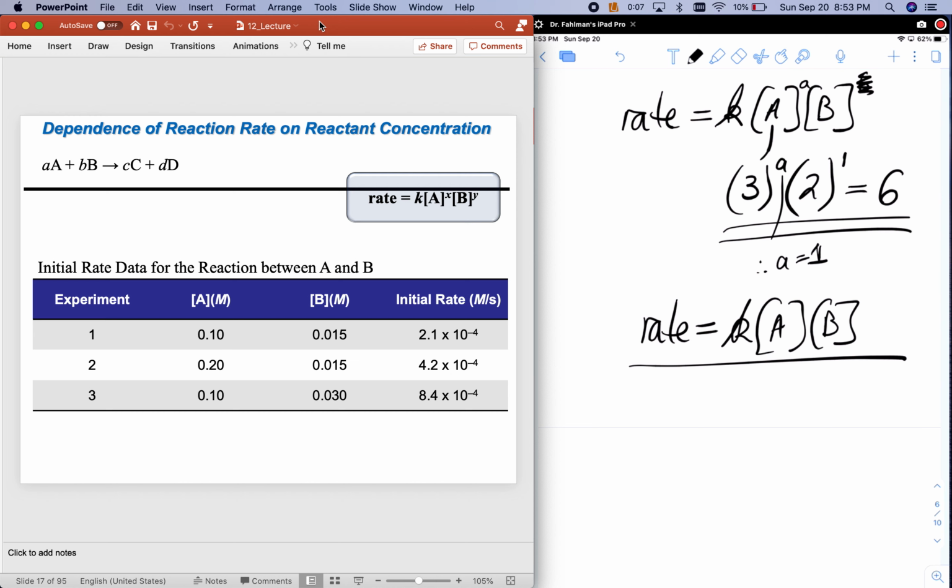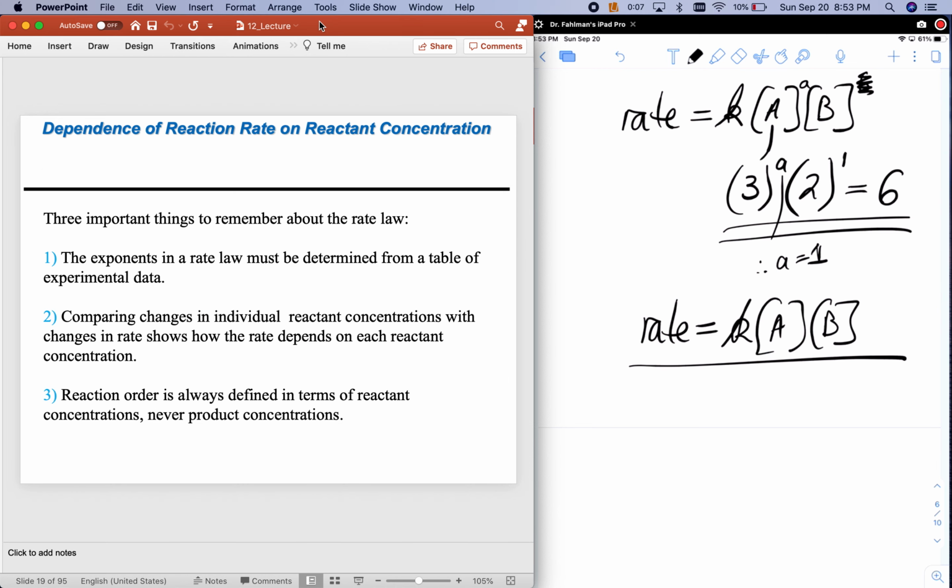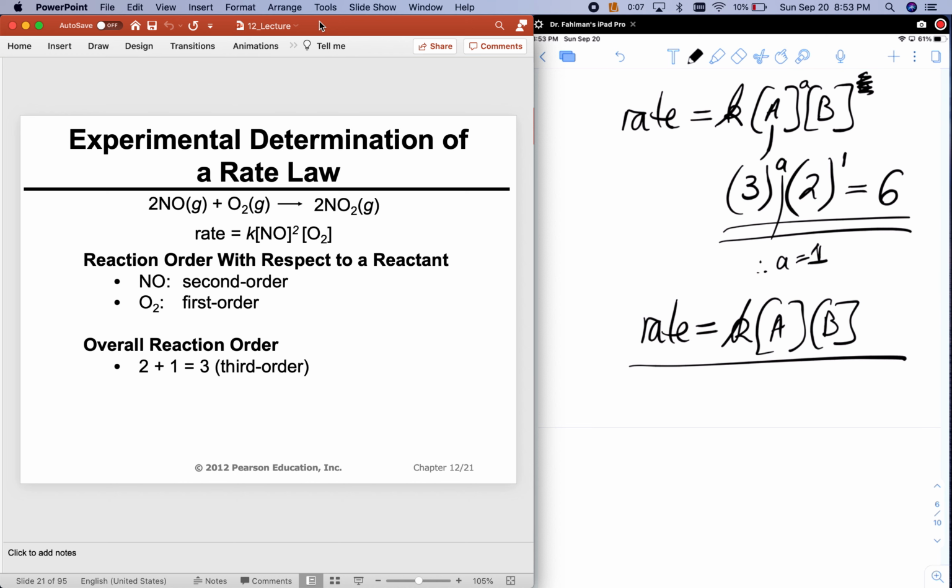All right, so let's continue talking about the orders of reactions.